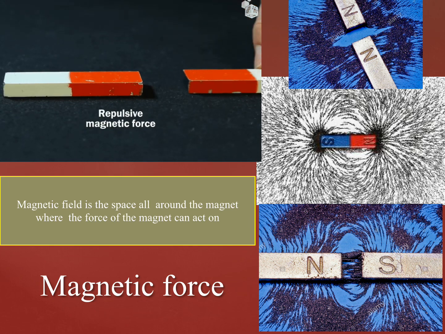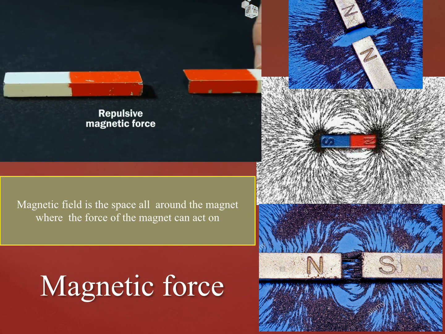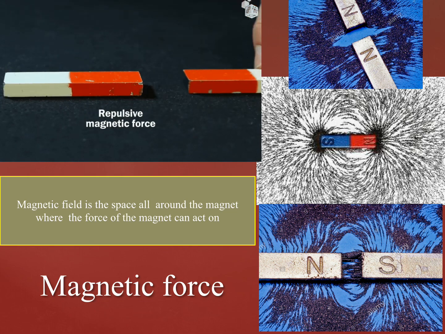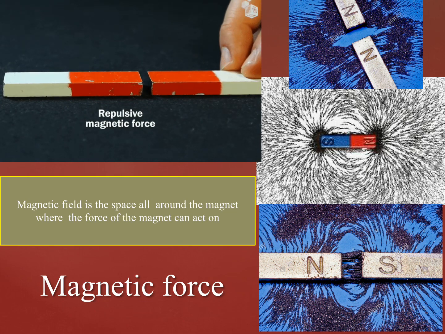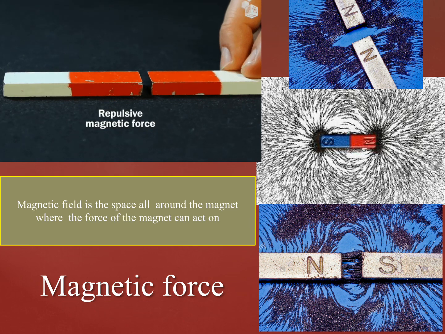The force between magnetic poles is just like the force between electric charges. Opposite magnetic poles attract and like poles repel each other.